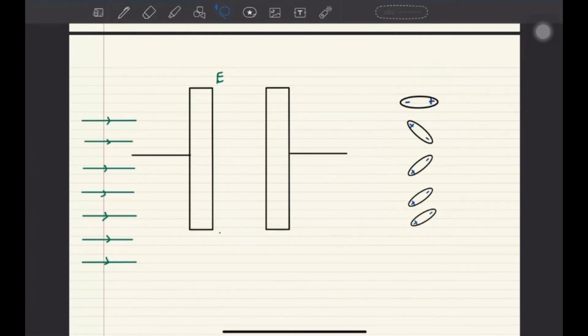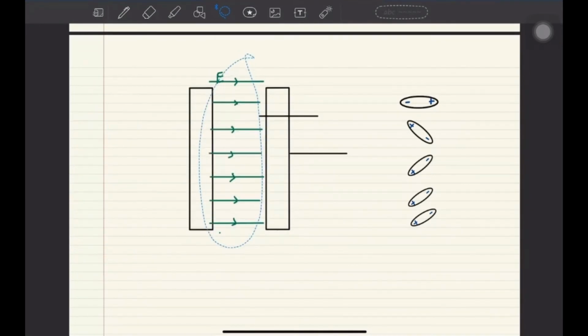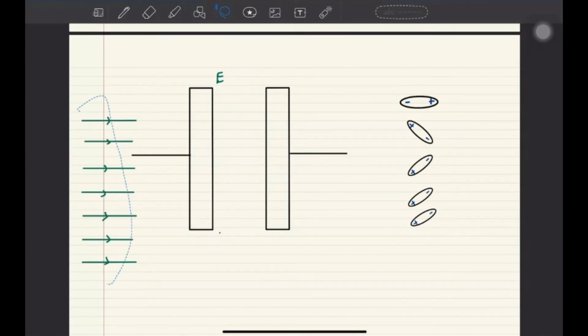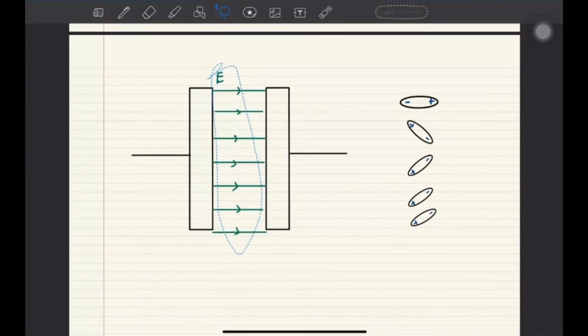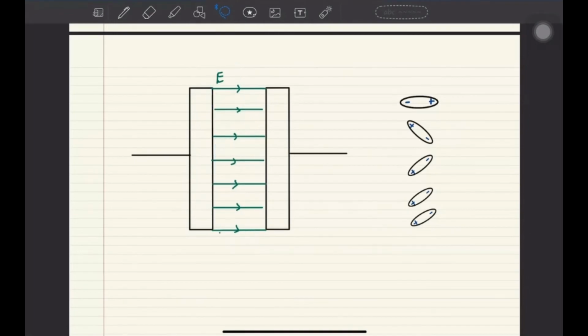Okay, so kalau saya ada power supply, saya buka electric field, kebanyakan electric field tu ada kat situ, to the right. So maksudnya saya akan ada, saya lukis dulu positive terminal kat sini and negative terminal over there.